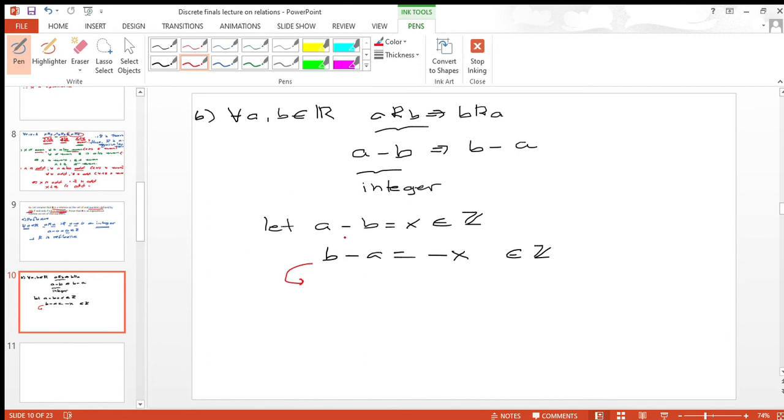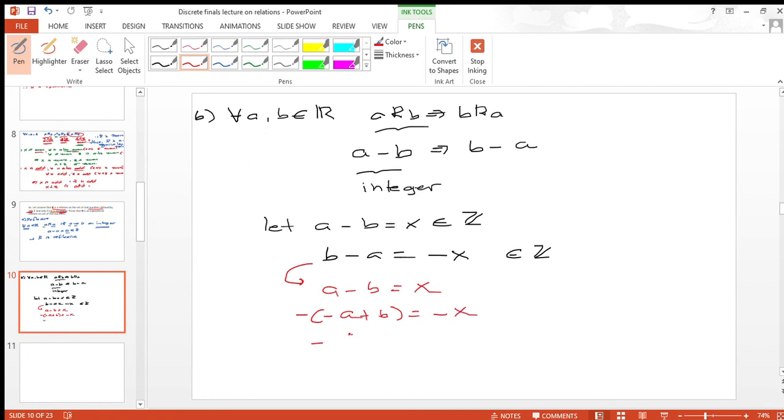If A minus B is positive X, then if you factor out minus 1 to get B minus A, you have A minus B equals X. You factor out minus 1, that will be minus A plus B. Since you have introduced minus 1 to the left side, you introduce also minus 1 to the right side.